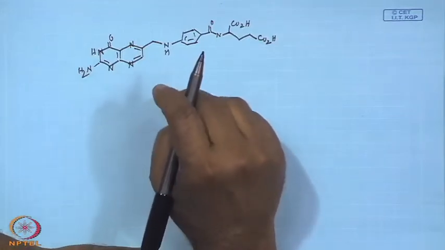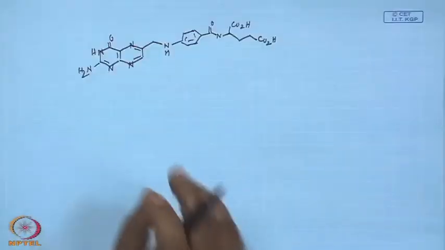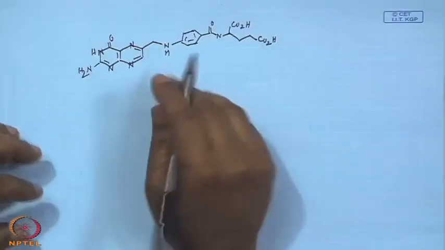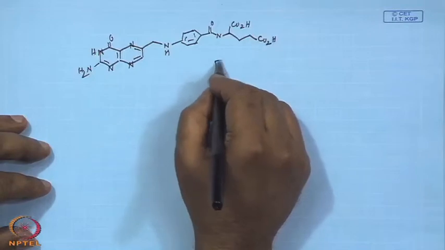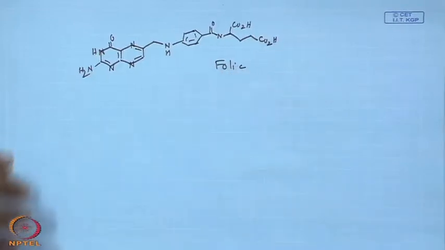So, I think all of you know glutamic acid, right? Okay. So, that means you have three important components, and what is the name of the whole molecule? Folic acid. And what is it used for? Actually, this vitamin is very important. B12 or B complex? B complex.